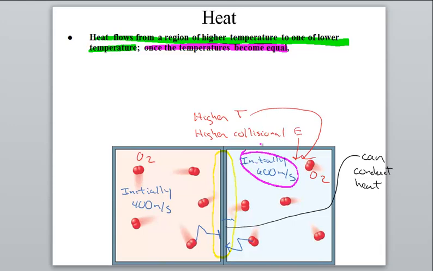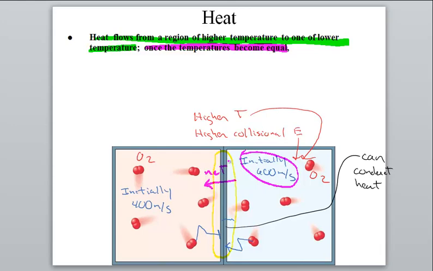You have a higher collisional frequency too. You're having a transfer of kinetic energy in both directions, but with the side that has higher velocity, you have more movement. You have the net movement of kinetic energy to the side where there are lower velocities and lower collisional energy.